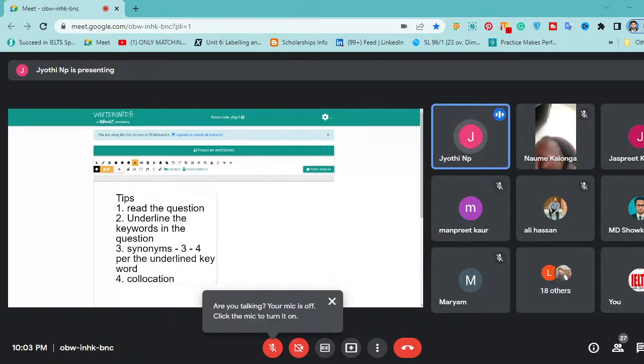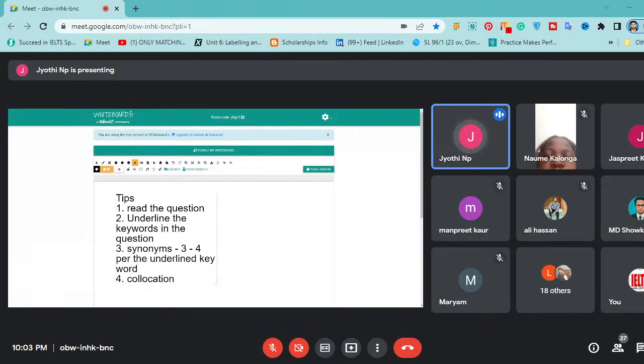Collocation means, for example, the keyword is a noun, so with the noun you can use an adjective or you can use a verb. That is what we call a collocation. So collocations for the keywords. Then you have to decide what is the type of essay you need to write.